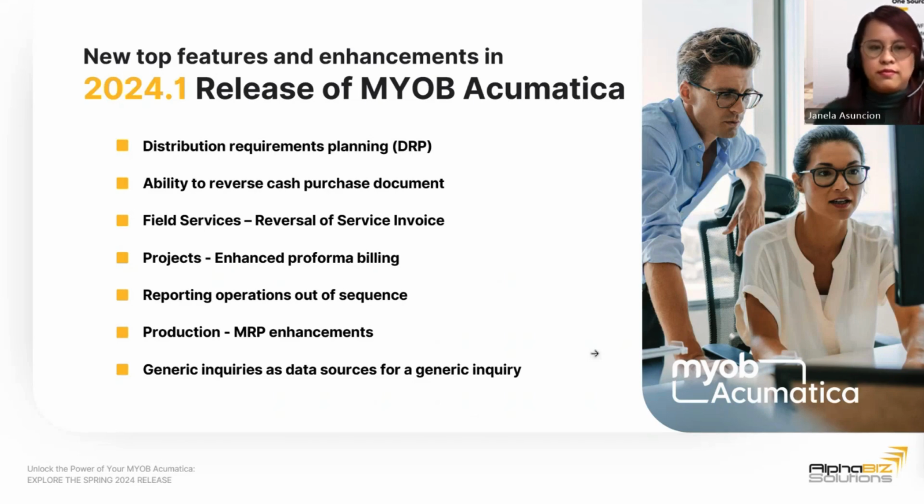In regards to the reverse cash purchases, the service orders, and the enhancements to project pro forma billing, they're all about trying to remove the issue of having to go back in and do multiple transactions to make changes to the original.